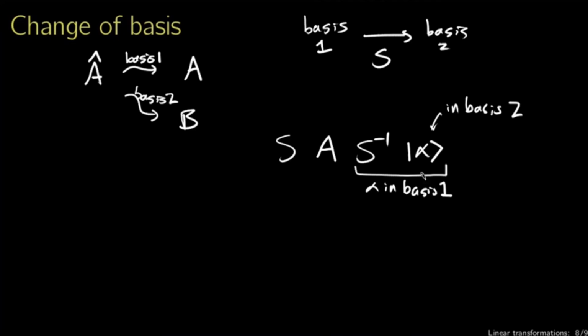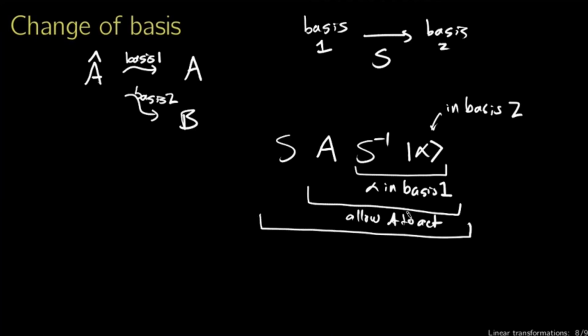Now that alpha is expressed in basis 1, I can allow A to act on it. That will give me another vector also expressed in the basis where A operates, basis 1. Then I can use S to transform back to basis 2.